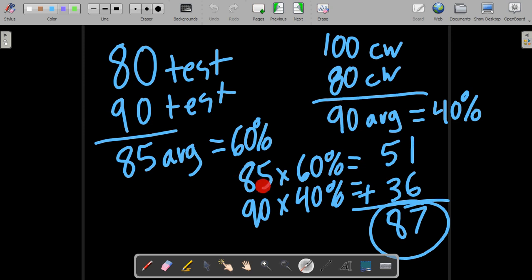So you take the formal average, multiply it by 60%, or 0.60, that gives you 51. You take the 90 for your informal average, multiply it by 0.4, and that gives you 36. You add these together, and your final average is 87. Okay? So that's how a weighted average works. Just like your grades are a weighted average.